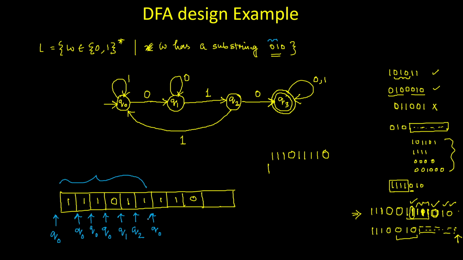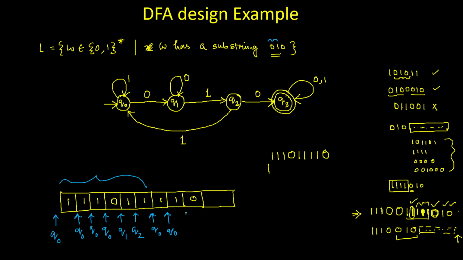The situation is something like this: Q0 was here and Q0 came here. So these 1, 2, 3, 4, 5, 6 characters don't have any significance, at least with respect to accepting the string. Anyway, now I'm in Q0 again and I'm getting a 1, so it is not a part of the substring, so I will remain in Q0.